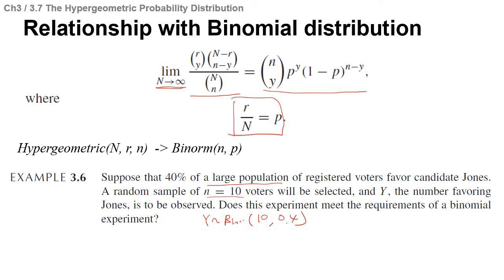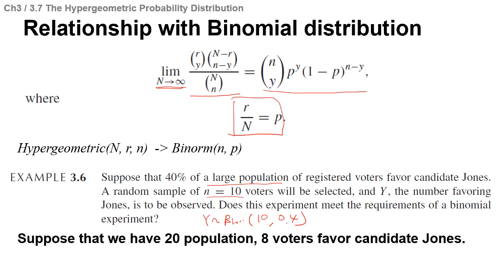However, if we change the problem this way, suppose that we have a population of 20. Instead of this large population, if we only have 20 people and 40% of them favor candidate Jones, which is 8 voters, then what would be the probability distribution of y? So y is the number of people favoring Jones.